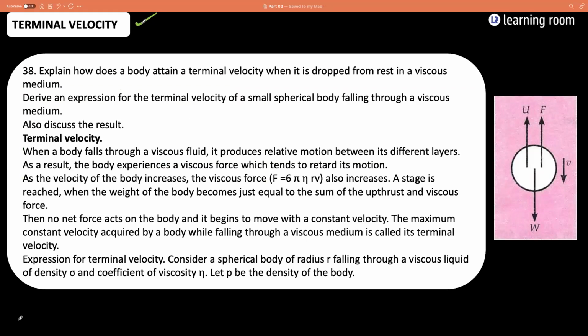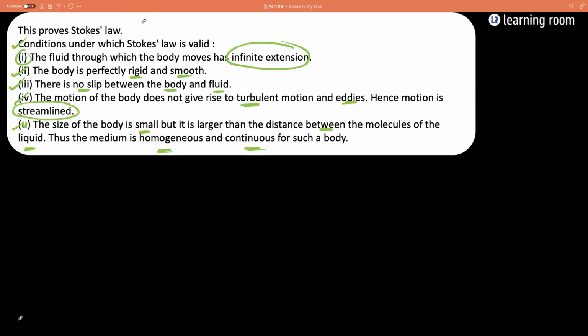Sir, can you explain the meaning of that first statement in the previous thing? Which one? Infinite extension means it does not break. Okay, sir, that it should not break? That is the meaning. The elasticity of the material is infinite. Elasticity of which material? The fluid.